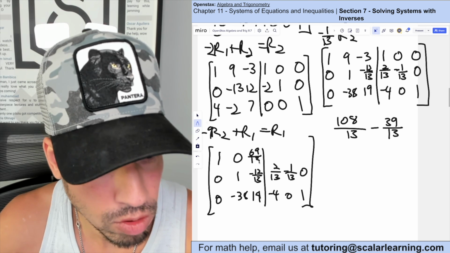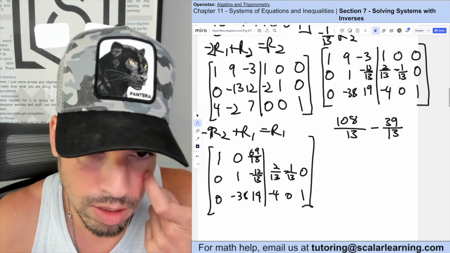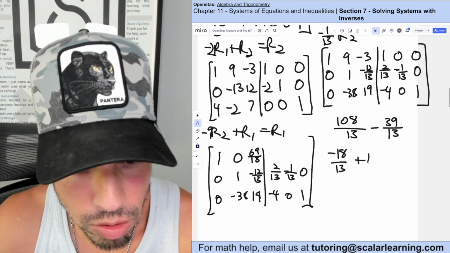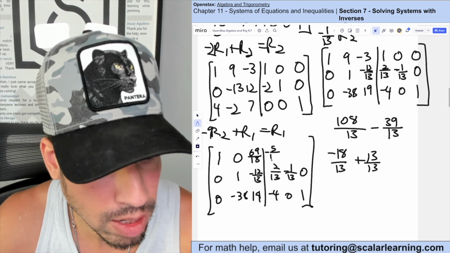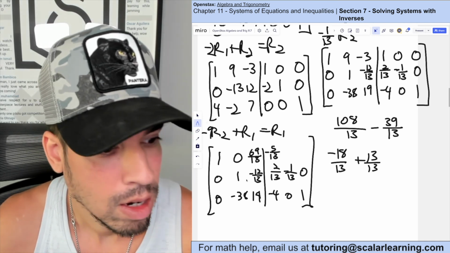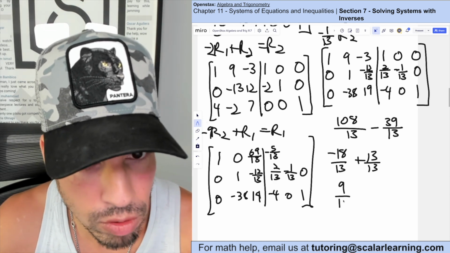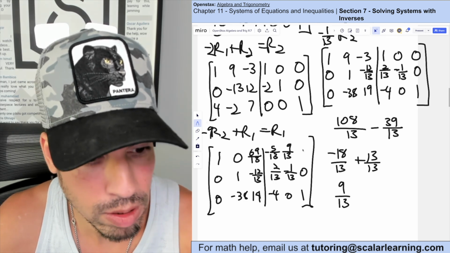So we got 69 over 13. And then we have -9 times that, which is -18 over 13 plus 1, which is 13 over 13. That's a -5 over 13. And then we have here -9 times -1/13. That's positive 9 over 13 plus 0 is just 9 over 13. And then times 0, 0 plus 0 is 0.